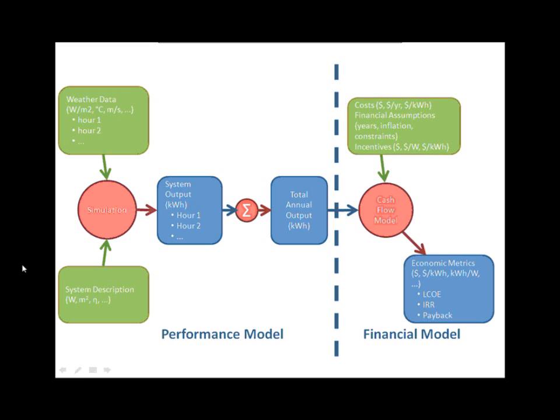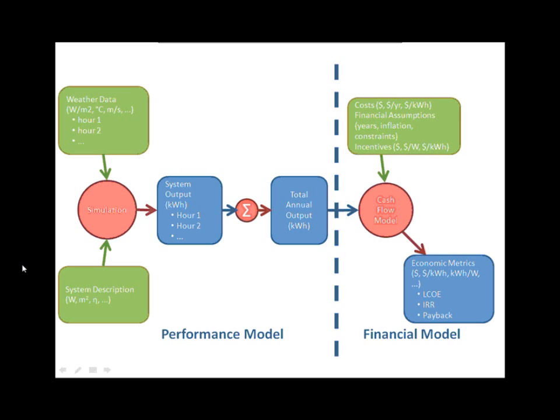And then you also have the system description, which tells the simulation engine what size of system you're modeling and what components your system is made of. So the two green blocks are inputs, and the red circle represents a calculation process.